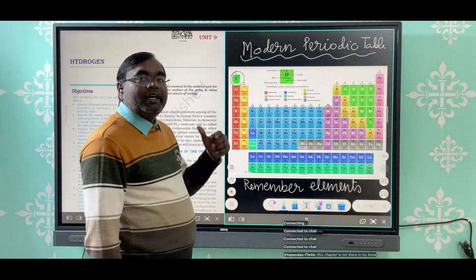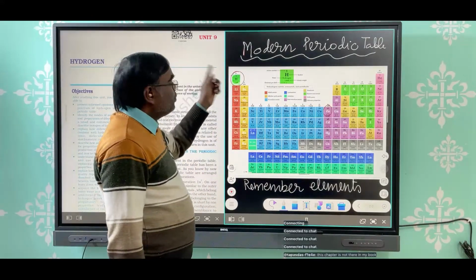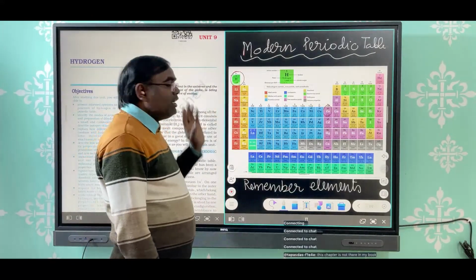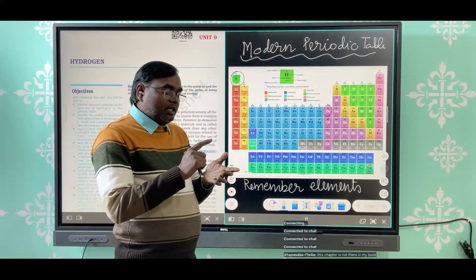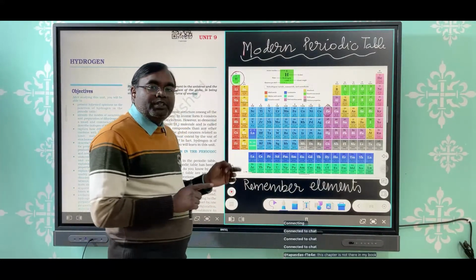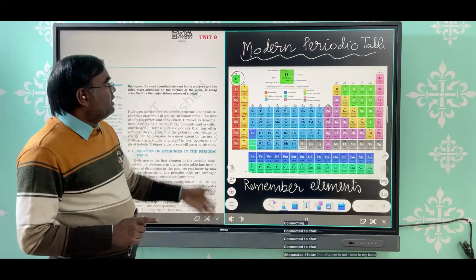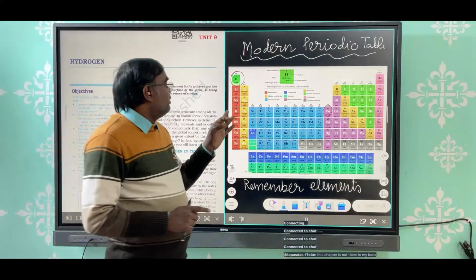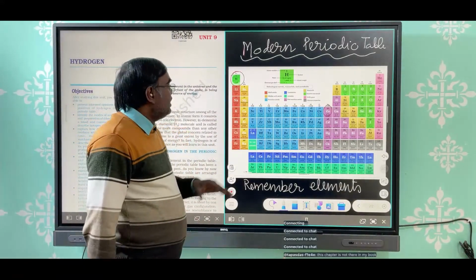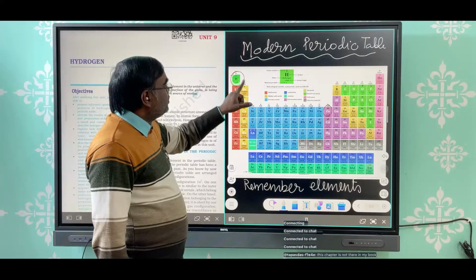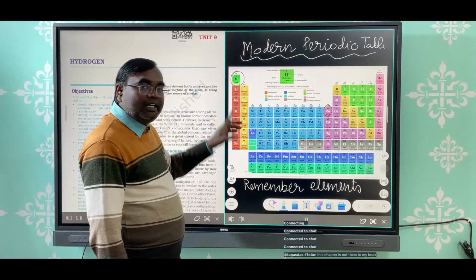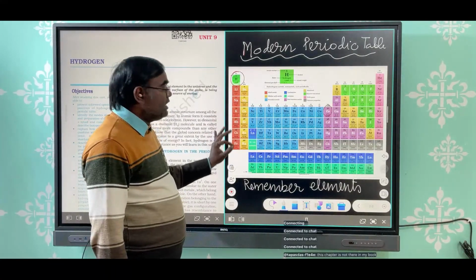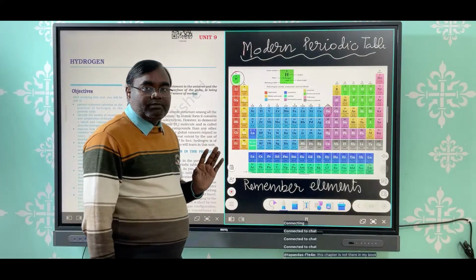You can also remember the elements of group 1A: hydrogen, lithium, sodium, potassium, rubidium, cesium, francium. And group 2A: beryllium, magnesium, calcium, strontium, barium, radium.